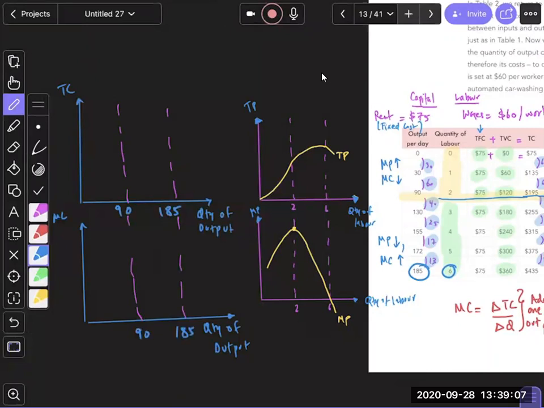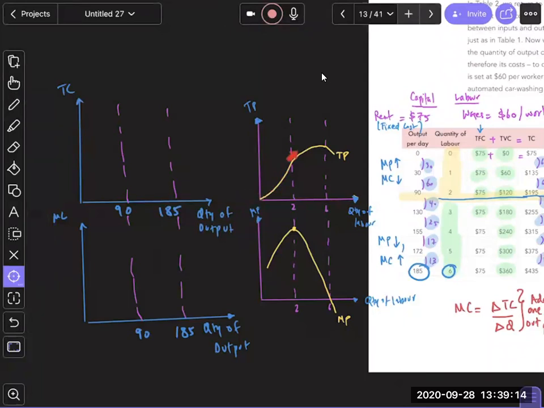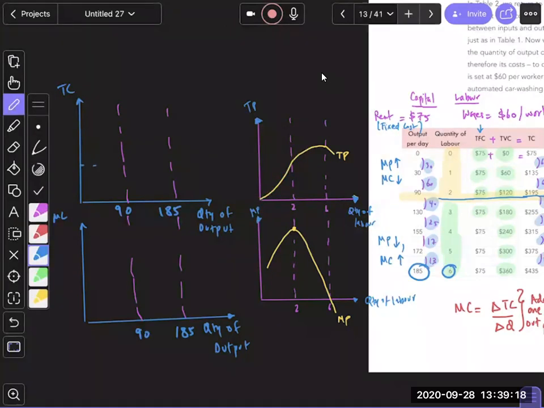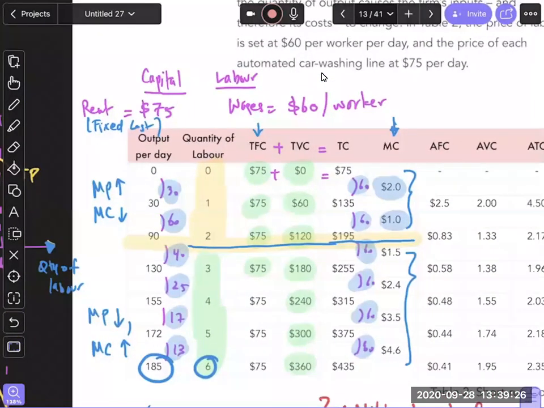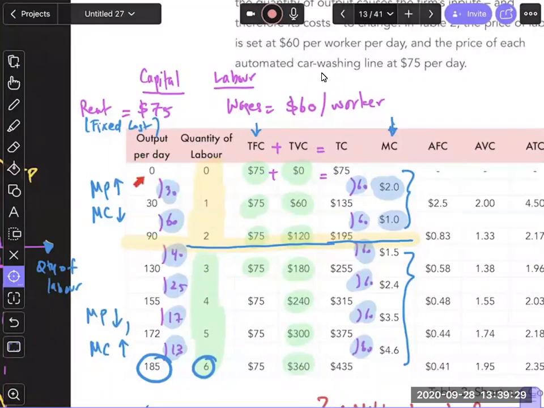Make sense, guys? So what is happening? For the first 2 workers, output was rising at a faster rate, and I'm going to explain this in 1 minute. I'm not going to start from 0. I'm going to start from 75 because total cost, guys, look at this. When you made 0, the cost was still 75. That was the fixed cost.